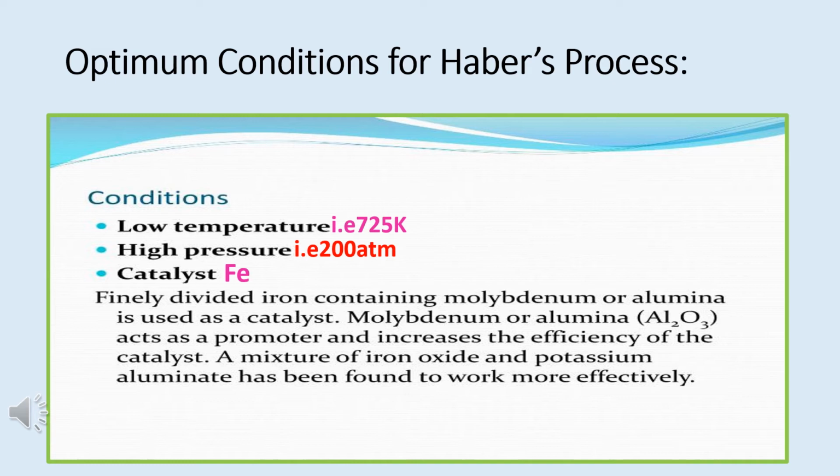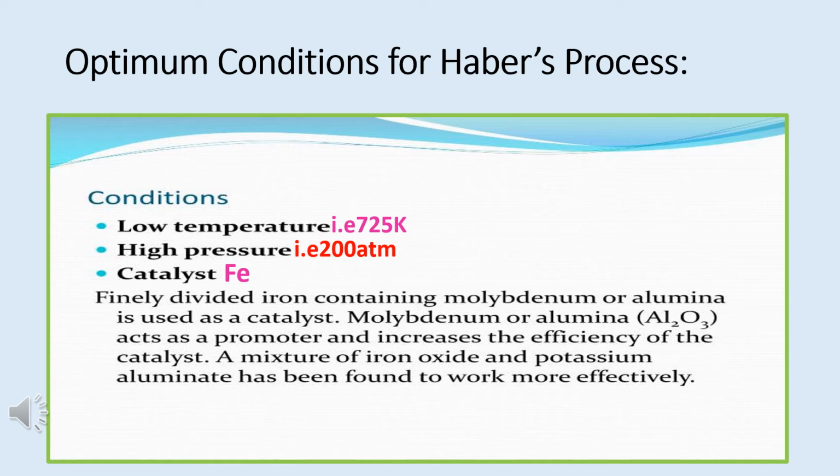At low temperatures, the reaction is too slow. So, 725 Kelvin is taken as the optimum temperature. And at very high pressure, the process becomes too costly. So, 200 atmospheres is taken as the optimum pressure for the formation of ammonia in Haber's process.